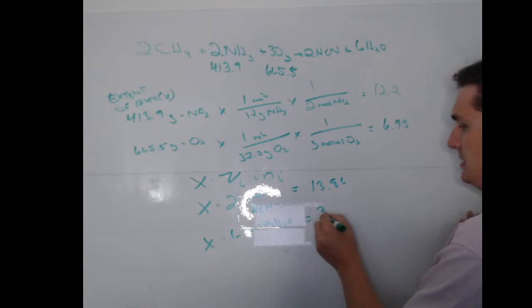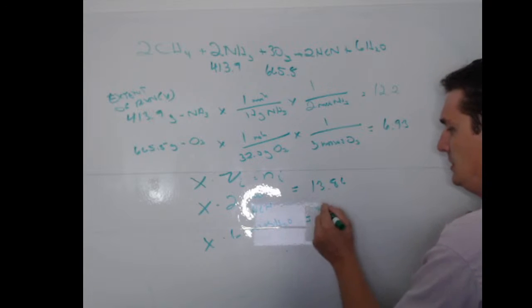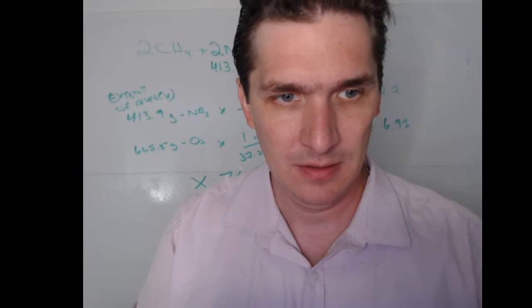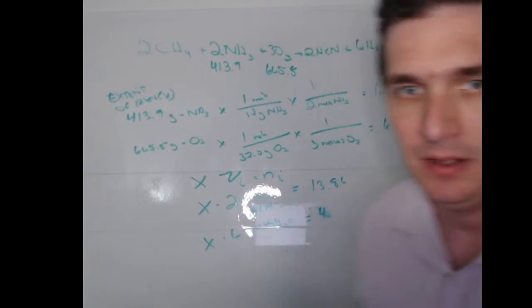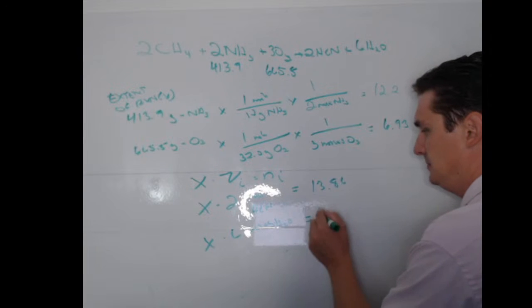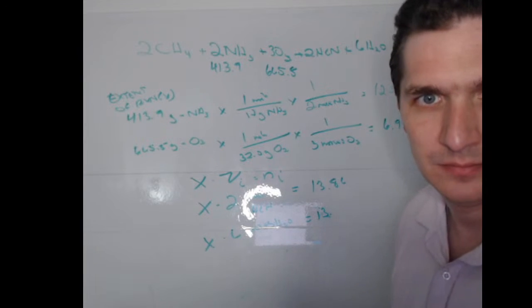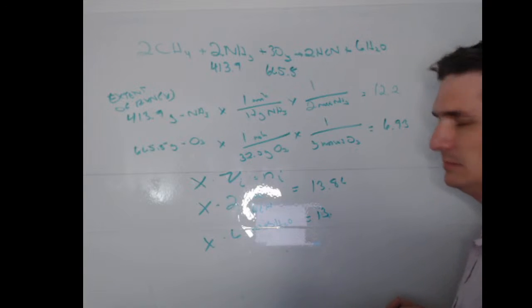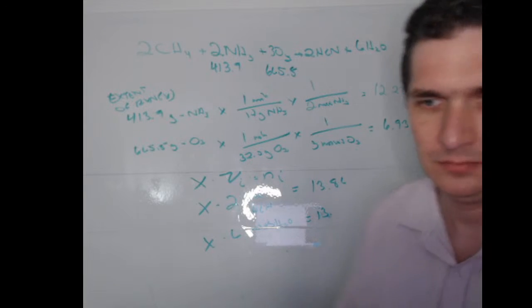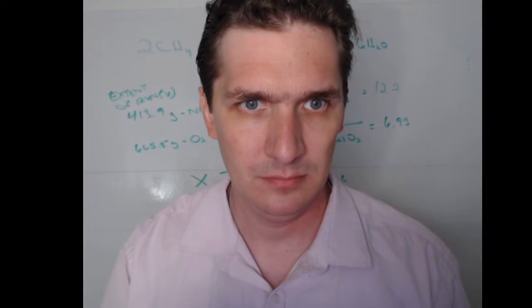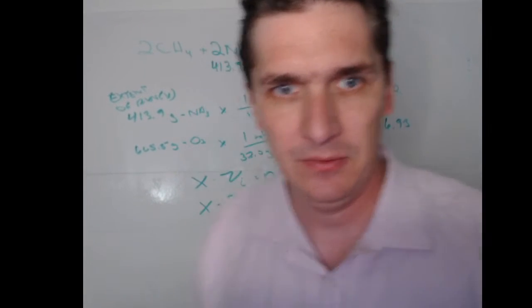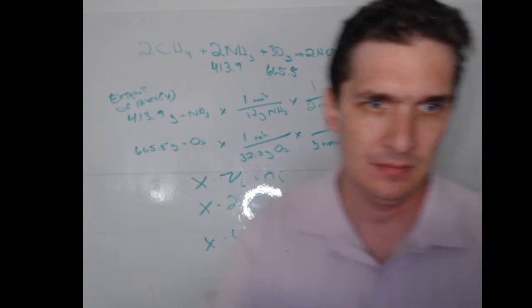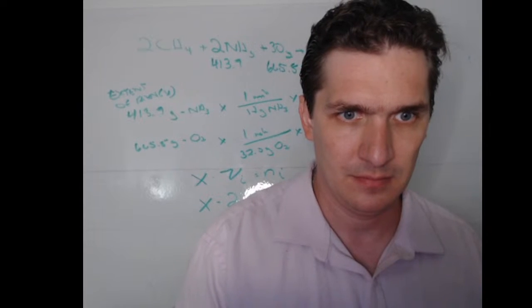6 times that, that's what computers are for. 13.864 times 6 is 41.6.